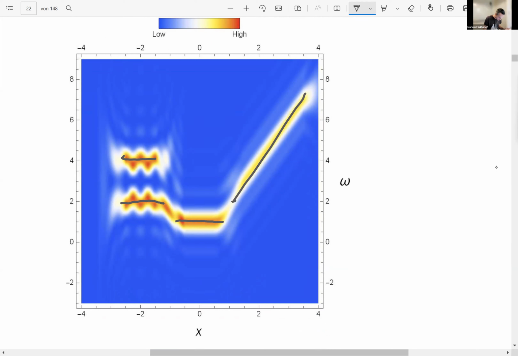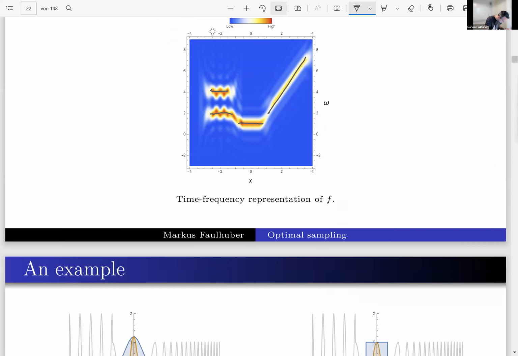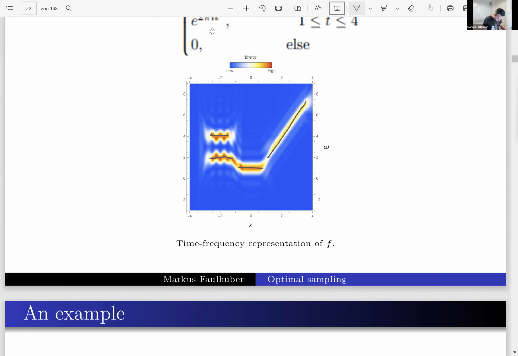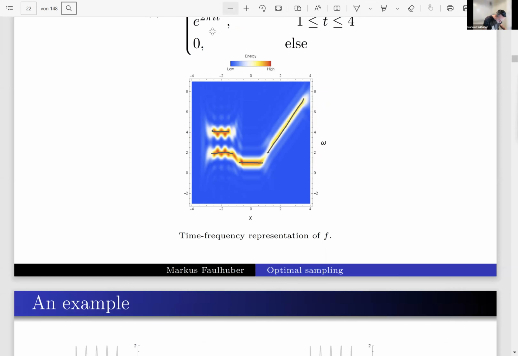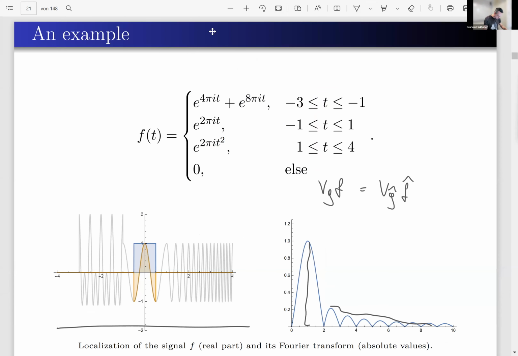And now let me just check if I can get back to the original size. Okay, that seems to work now.